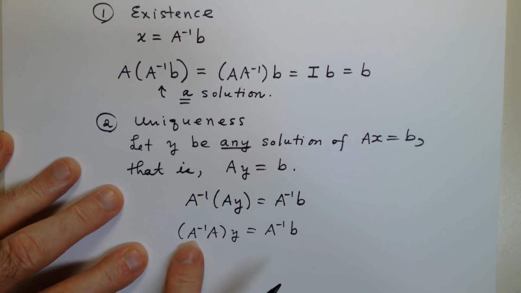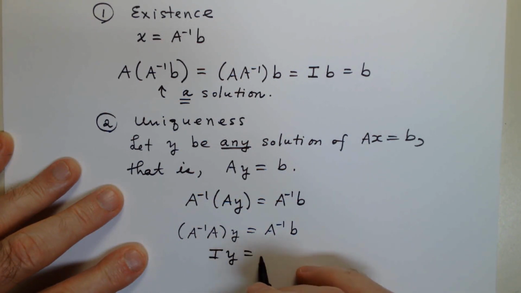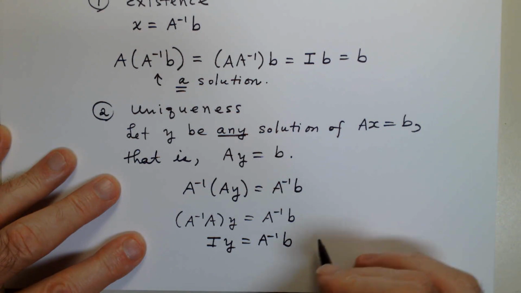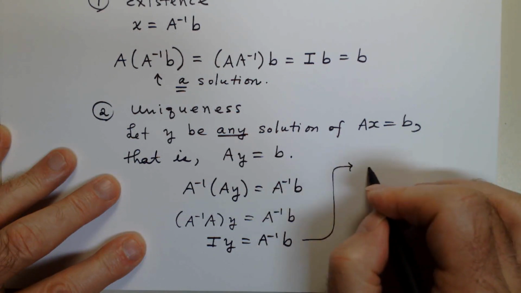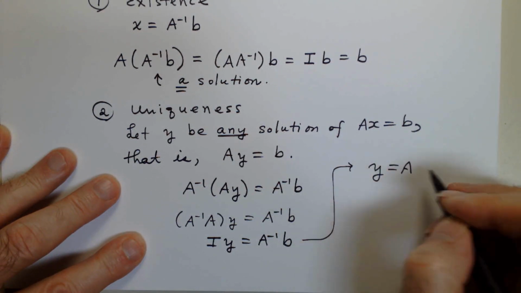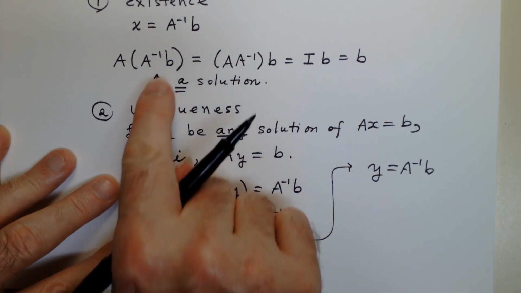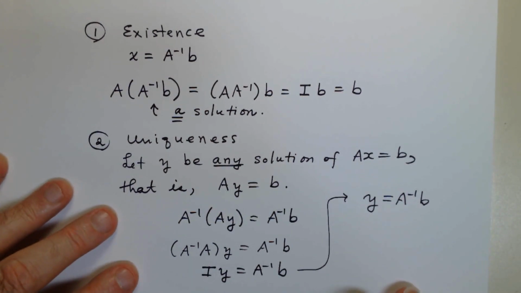But A inverse times A is equal to the identity matrix. And that means, since the identity matrix times y is just equal to y, this implies that y is of the form A inverse B. So we're drawn back to exactly the same solution.